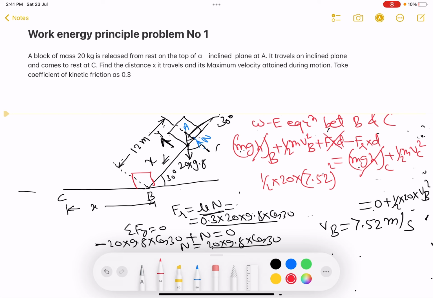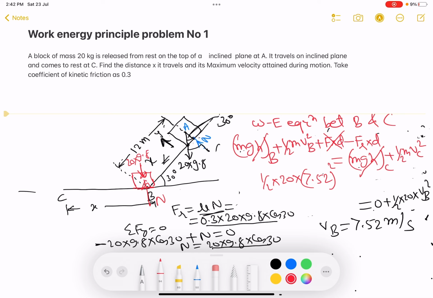Frictional force, obviously there is going to be frictional force, which is mu into N. So we have to find the normal force. Please note, the block is now on a horizontal plane at point B, so the normal force is going to be the weight of the block, 20 into 9.8.